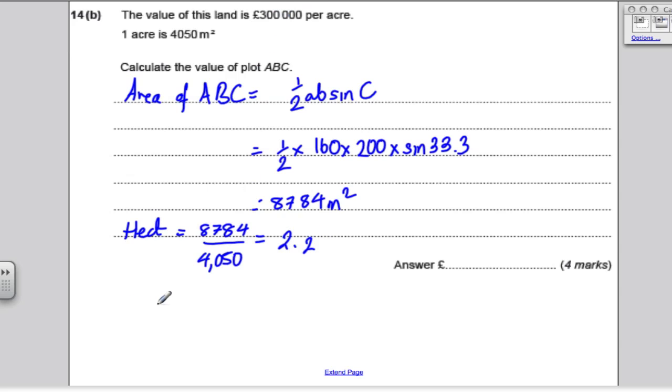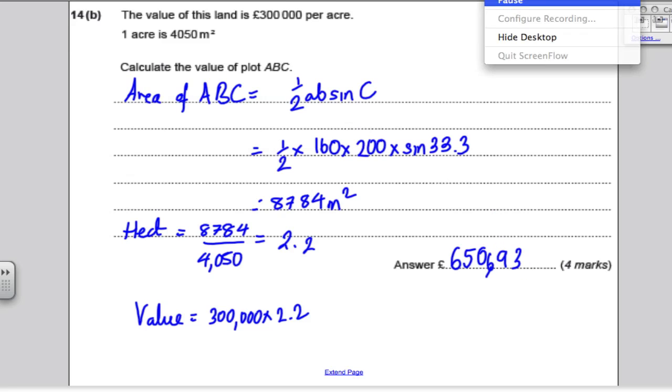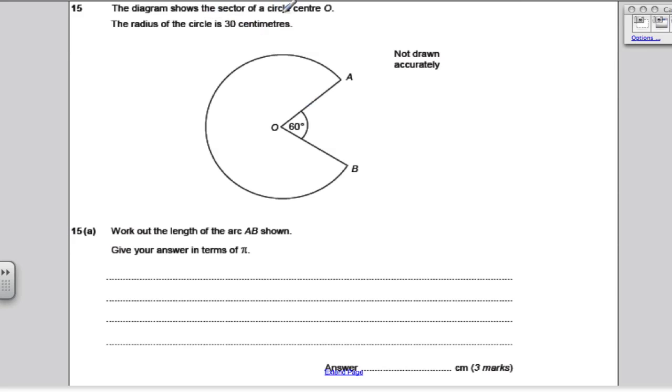So the value of this land, the value of the plot, must be £300,000 times the 2.2, and I get as an answer for that £693,000.